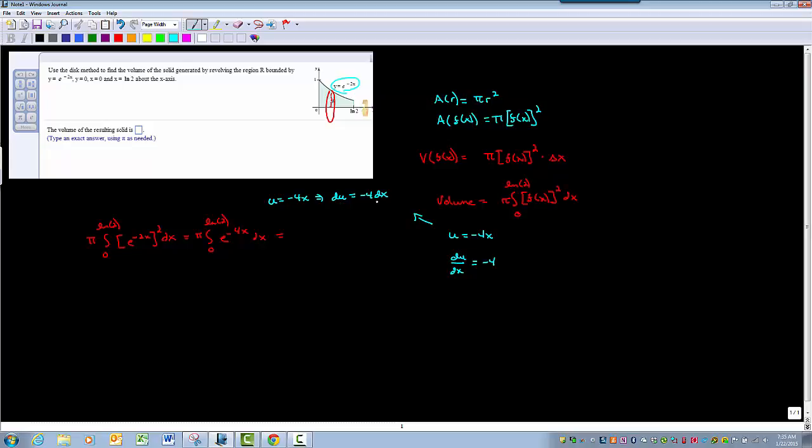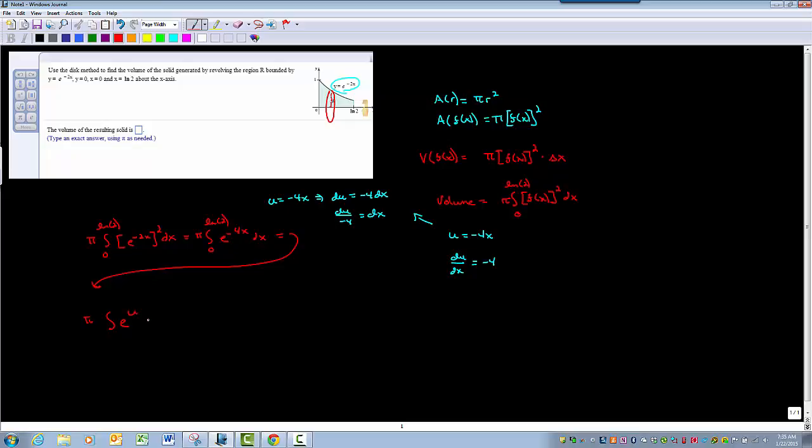So what we have based off of this is that du divided by negative 4 is equal to dx. So that gives us some information here to replace. So what we're going to do, I'll get to my bounds in a second here, but this is going to be e to, now I replaced negative 4x with u.